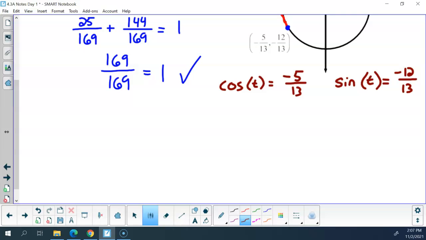Tangent. What's tangent? Tangent is what? Sine over cosine, right? Which is y over x, right? So that becomes negative 12/13 over negative 5/13. Thinking back to 4th grade, how do I divide fractions?